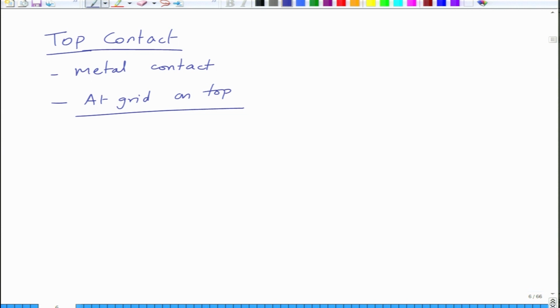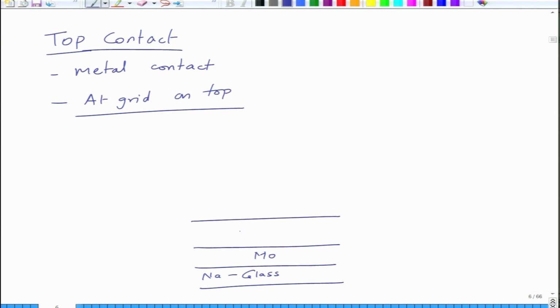So, if I just draw the structure of this device again, if you recall, the structure was like this. So, you had soda lime glass. So, this was glass, sodium containing glass, then we have moly, which is a back contact, then we have CIGS, then we have CDS. So, in this case CDS is deposited after CIGS is deposited.